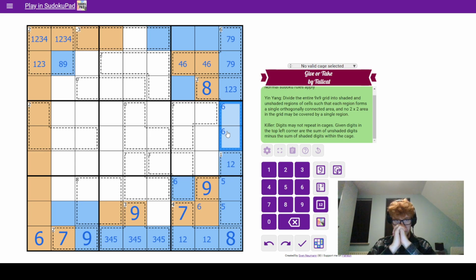How could we? Can we disprove 2? What was it? 2 orange and a blue. Can we disprove 2 blue and 1 orange? 2 blues could make anything, actually.